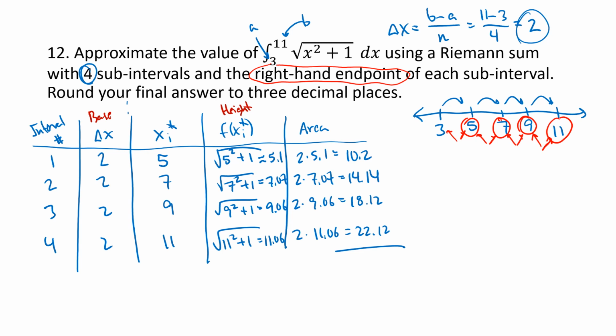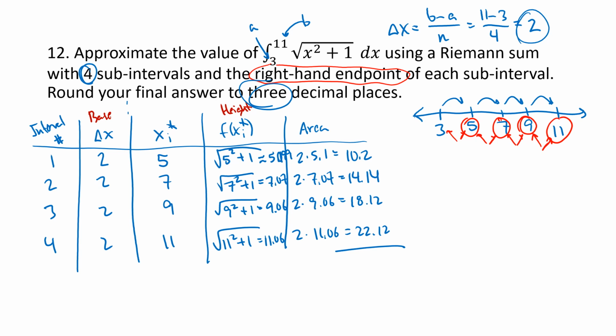Oh, and I'm just realizing they told me to go 3 decimal places, so I messed that up. All right, let's go back. So square root of 26, so that was 5.099, right? Be good and follow instructions. Do as I say, not as I do.